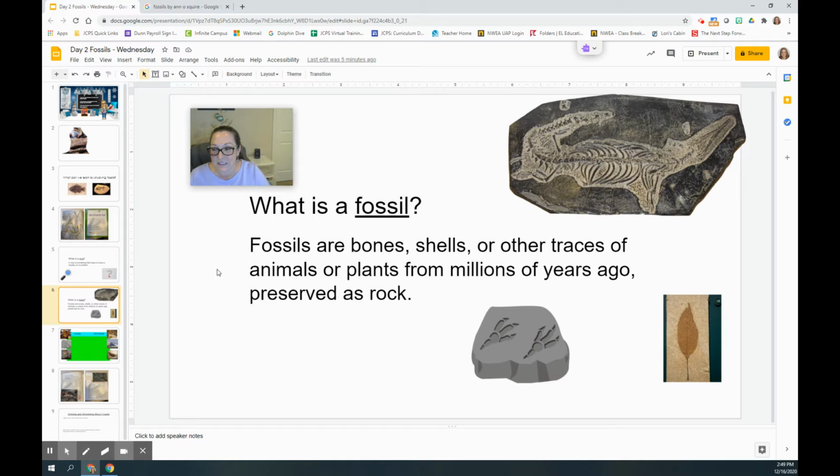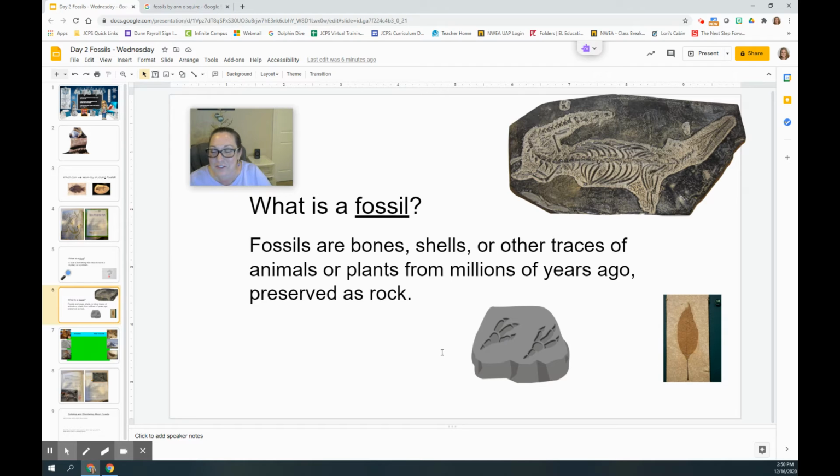as rock. Okay, let's think about this for a minute. So fossils can be bones, they can be shells, but they can also be a trace of an animal or a plant. Like this right here, this isn't a part of an animal or plant, that's the print that the animal's foot made in the rock. That's a trace. That's just their footprint that's been fossilized.